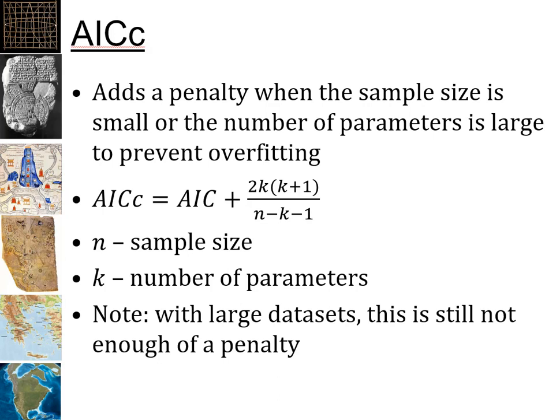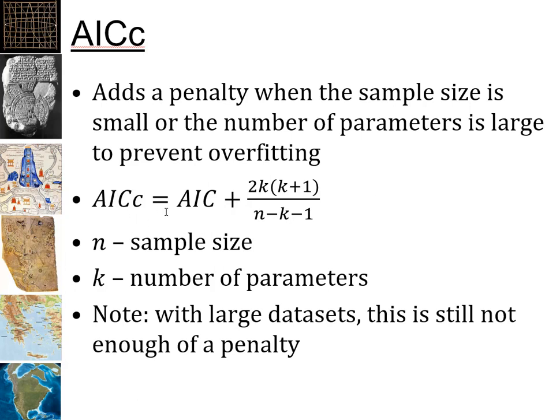Now, one of the problems with AIC is that with big data sets, really quickly the likelihood values swamp it out. They're the ones that get really big. You could have 20 parameters in a model, so 2K is 40, and then you could have a likelihood that comes up to 50,000 because you've got 1,000 data points. So one of the problems with AIC is that it doesn't penalize overfitting enough, and AICc was an early attempt to fix that by adding this other term next to AIC.